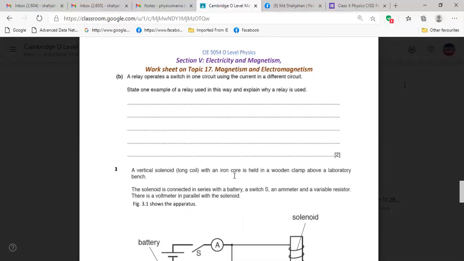So that one is used to avoid high voltage in the other circuit, right? So you write the example and also why we are using that. So I read that it is used in the starter motor of a car to avoid high voltage in the main circuit or the second circuit.